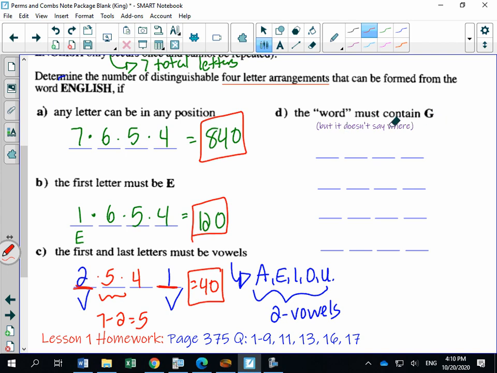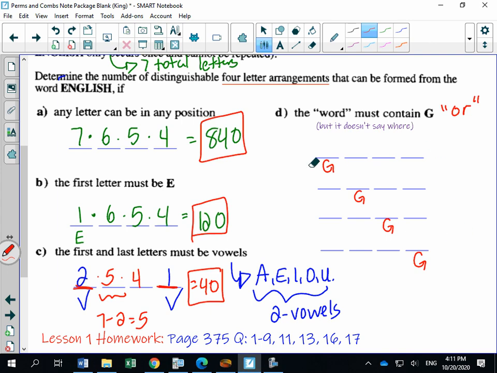So what that means is out of my 4 different stages, the G could go here, or the G could go here, or the G could go there, or the G could go there. So I'm using the word or, which means I have to figure out how many possible arrangements I have for each of these, and then I'm going to add them together.